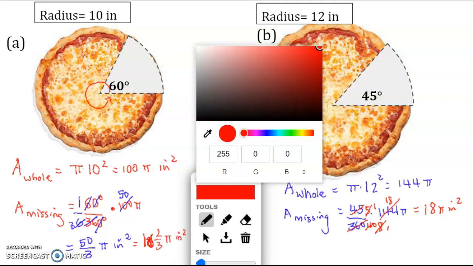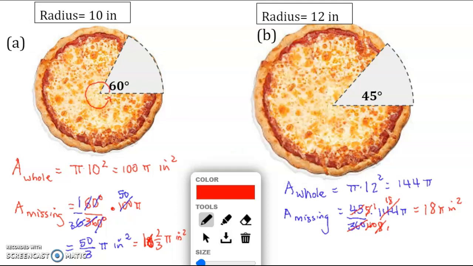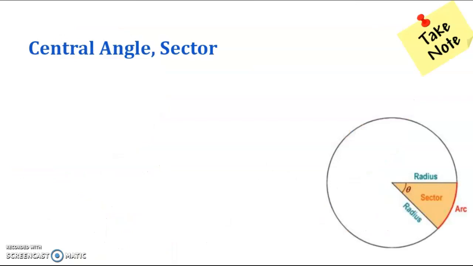Which is a bigger number? 18 is a bigger number than 16 and 2/3. So I know that I am missing more pizza with the bigger piece than the smaller piece. Even though the angle measure is bigger, when you actually calculate the pizza, I am missing more from B. So please take notes here.